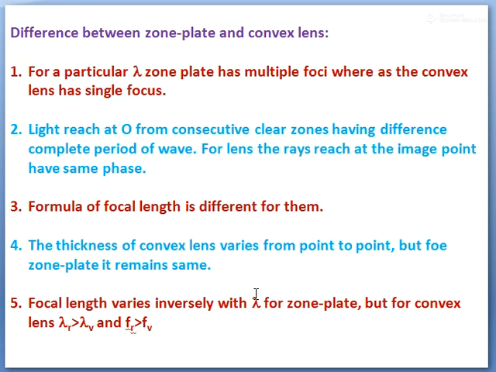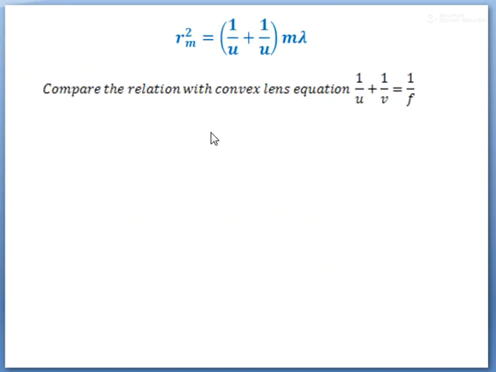তাহলে জোন প্লেটের ক্ষেত্রে যে সমস্ত লাইটগুলো আসছে, যেগুলো ক্লিয়ার জোন দিয়ে আসে, প্রত্যেকে একটার সঙ্গে আরেকটা ল্যামডা কমপ্লিট ওয়েভের ডিফারেন্সে আসে, কিন্তু লেন্সের ক্ষেত্রে একই ফেজে এসে পড়ে। As I saw in the earlier part, convex lensের equation is completely different, 1 by u plus 1 by v equal to 1 by f, but for zone plate 1 by u plus 1 by v equal to rm square divided by m lambda.